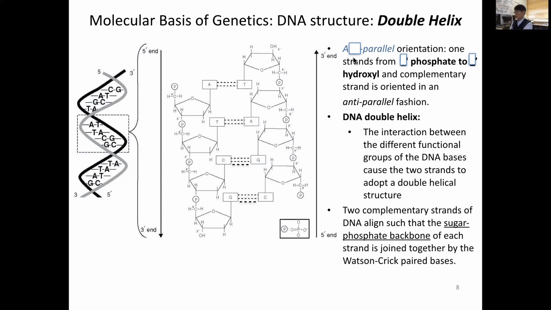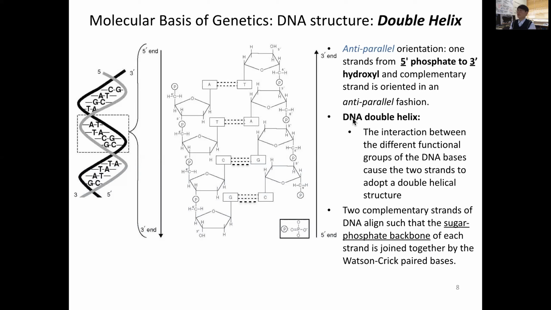This structure we call an anti-parallel orientation. One strand goes from 5 prime phosphate here to 3 prime hydroxyl. You can see the 3 prime hydroxyl. And the complementary strand here is oriented in an anti-parallel fashion.